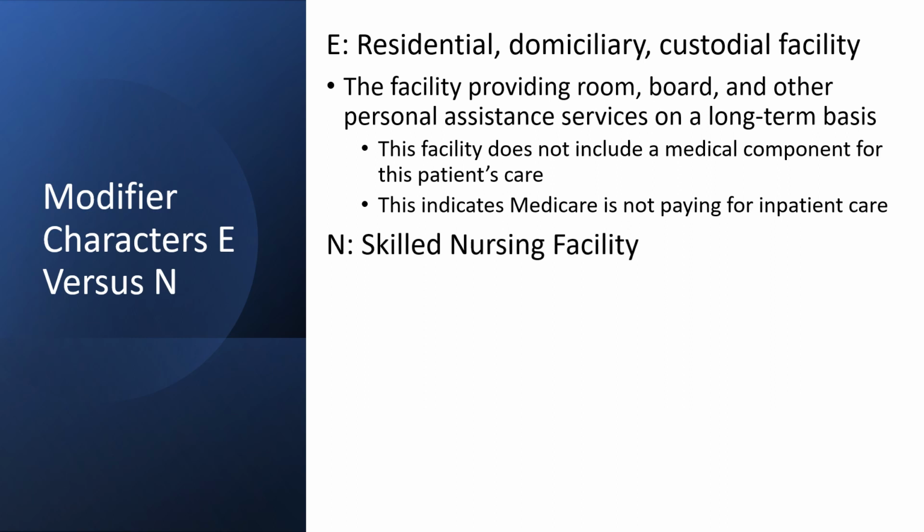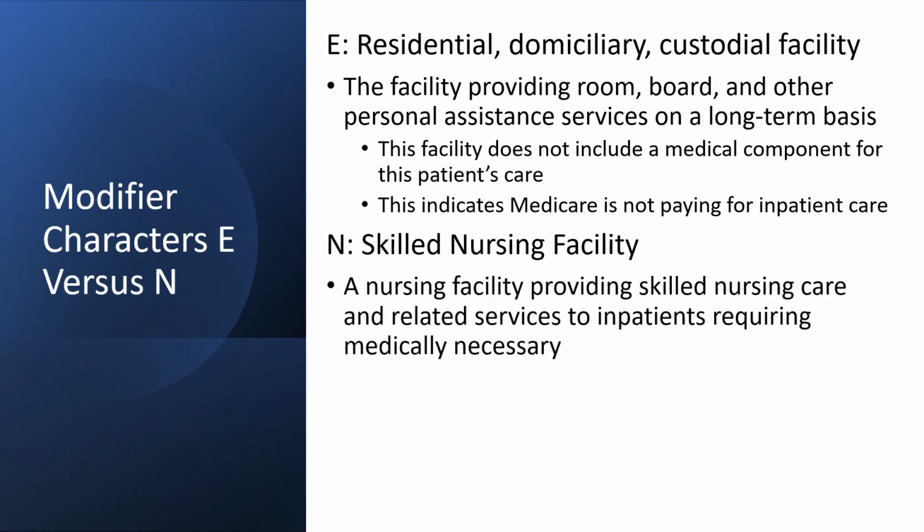When the transport begins or ends at a facility providing skilled nursing care, then you would use an N. Medicare defines a skilled nursing facility as a nursing facility providing skilled nursing care and related services to inpatients requiring medically necessary medical or nursing care or rehabilitation services by a physical therapist, occupational therapist, or speech-language pathologist.